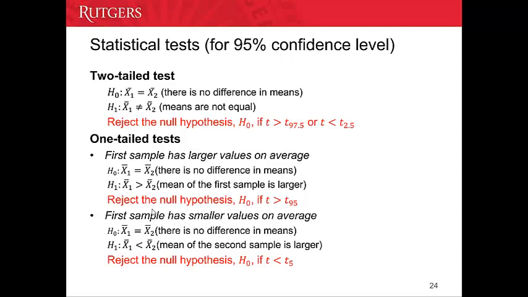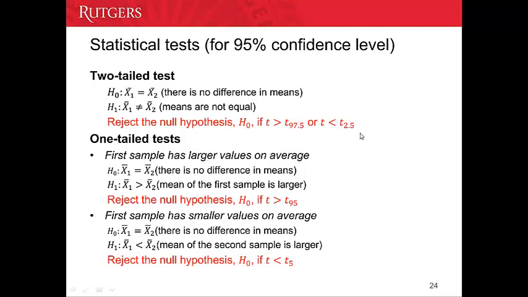If we do not know which sample mean is higher, we will use the two-tailed test. For the alternative hypothesis, we say the means are not equal. So we will reject the null hypothesis if the t-score we calculated is larger than the t 97.5 percentile or less than the t 2.5 percentile.